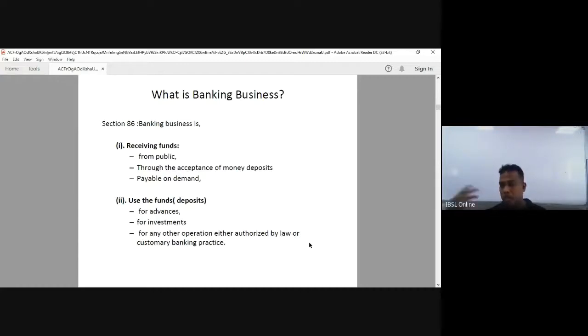Part two, that you utilize that money or deposit to generate income. The activities you are permitted to do are advances, investment, or any other transaction if it is permitted by law or by banking practices. This is the definition for the banking business.